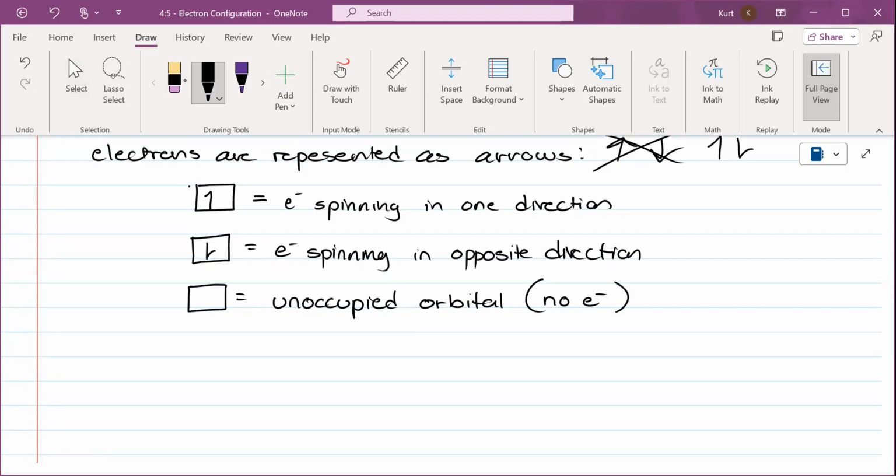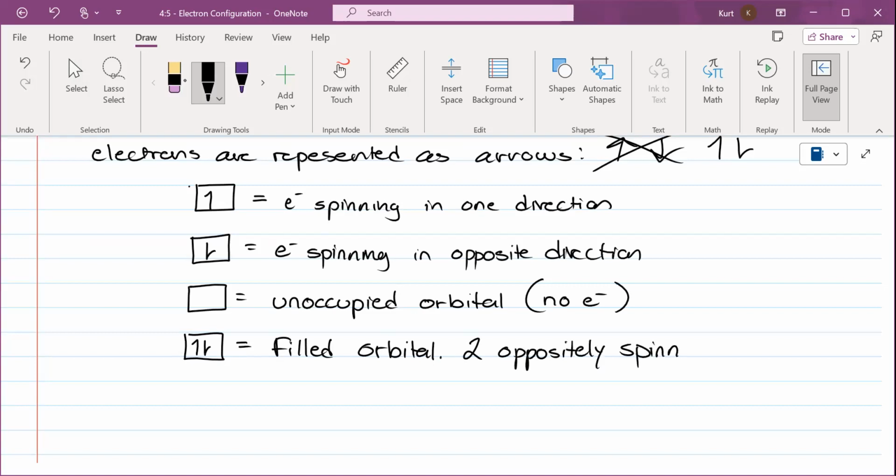No electrons here. And this is a filled orbital. You have 2 oppositely spinning electrons.